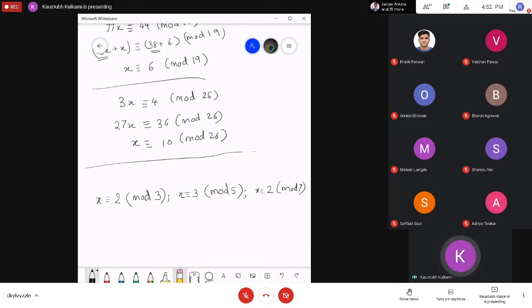So what is the simplest, or the brute force method of solving this? How will you solve this? Let's take any two of these. Let's say I take x is congruent to 2 mod 3 and x is congruent to 3 mod 5.